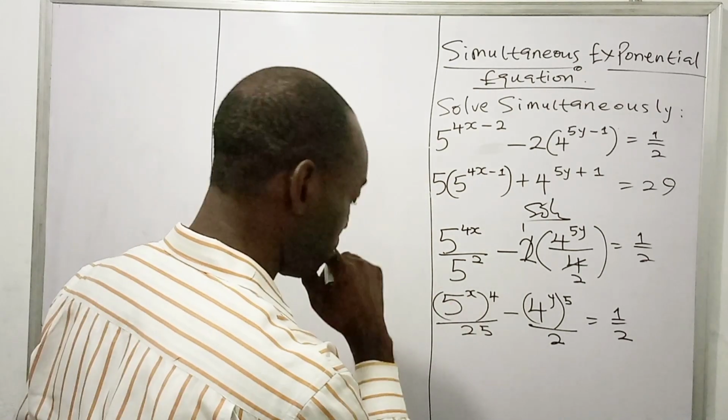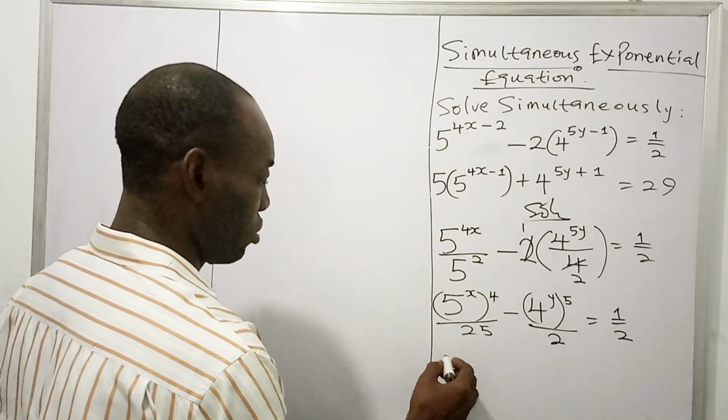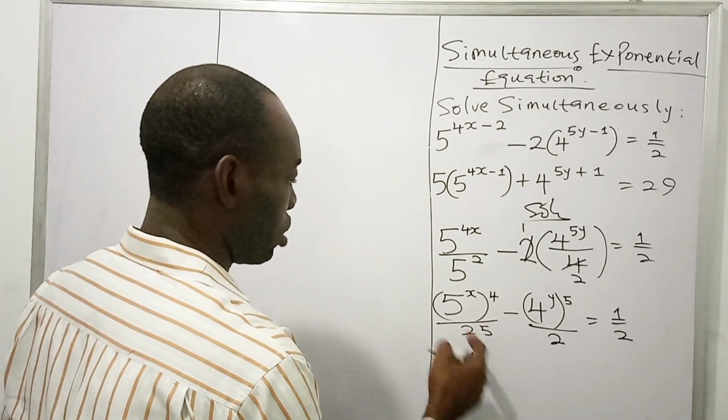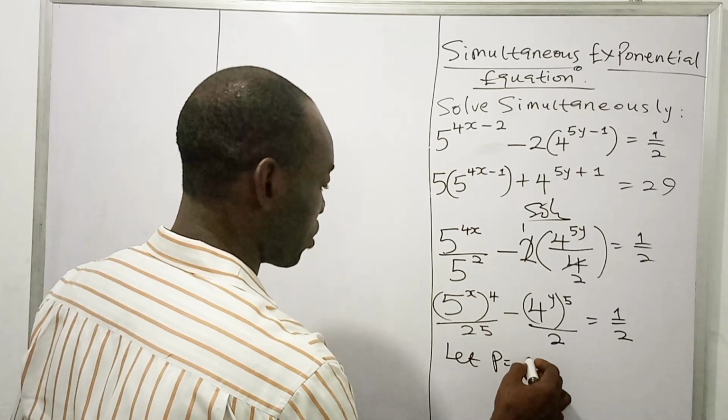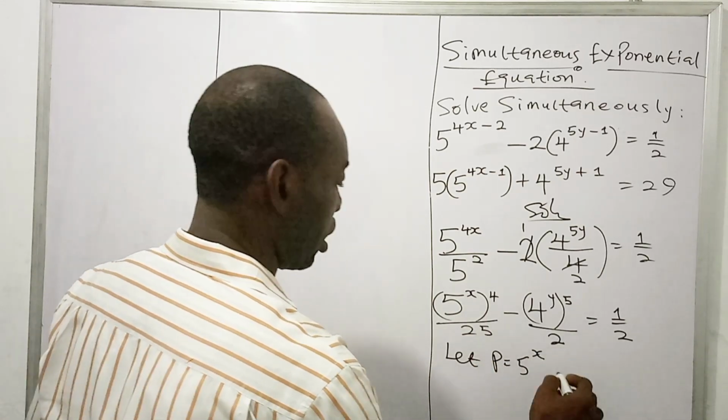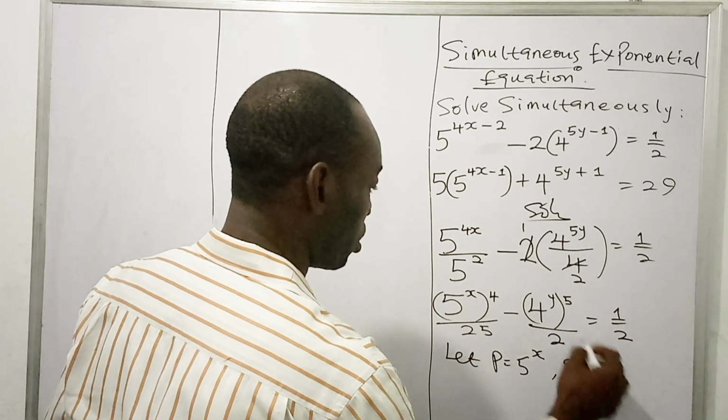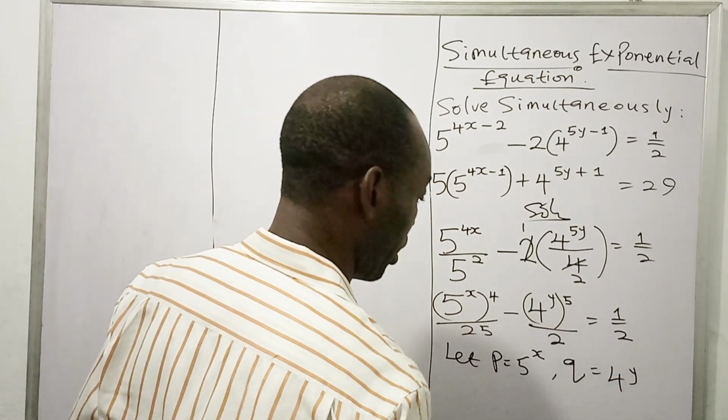All right, so from here, let p equal 5 raised to the power x, and let q equal 4 raised to the power y.